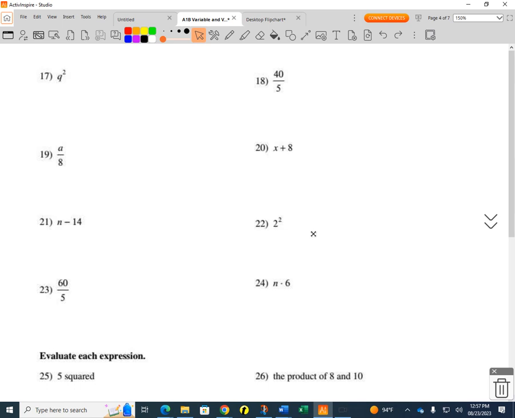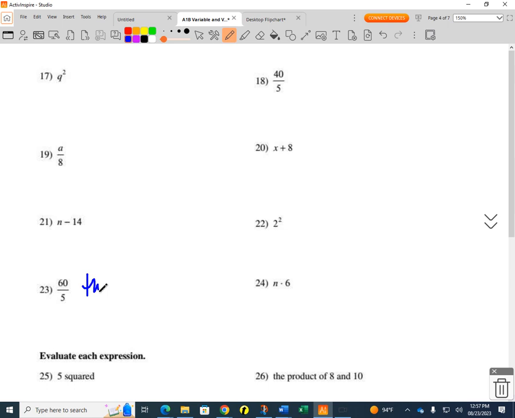All right, 23. So this is an operation, right? What is that operation? That fraction bar is an operation. What is it? Beautiful. Perfect.